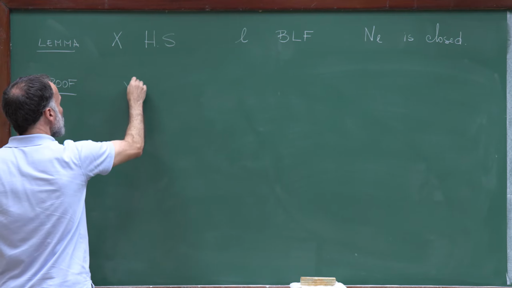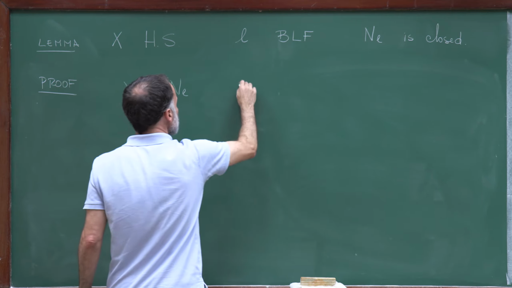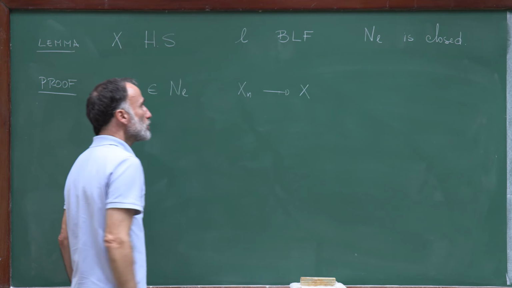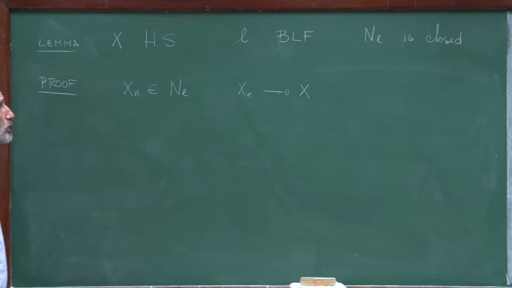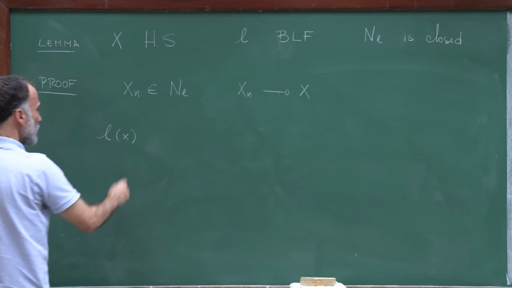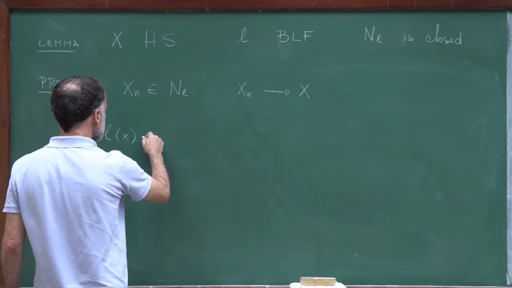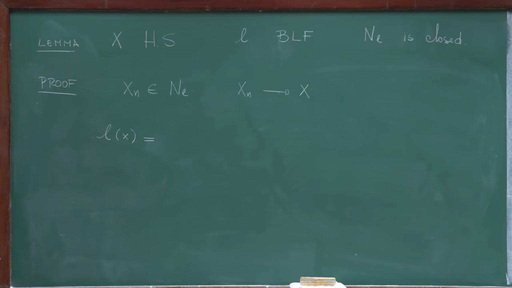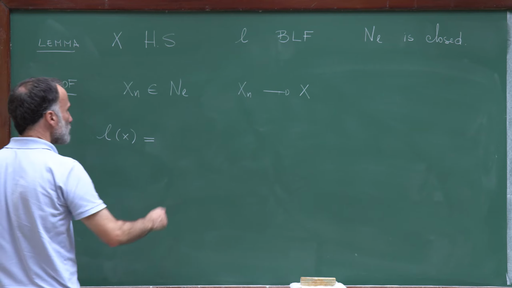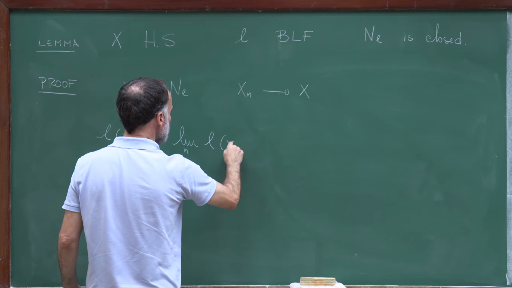So let's take xn in the null space, xn converging to x, and we want to show that x belongs to the null space. For that, we need to prove that L of x is equal to 0. Since xn converges to x, I claim that L of x is equal to the limit of L of xn.